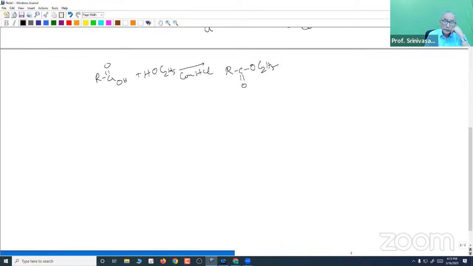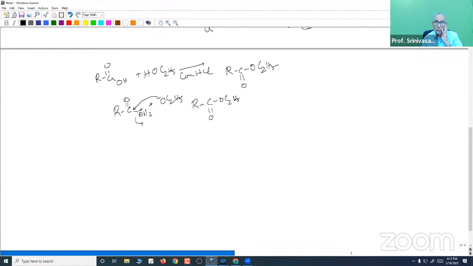This reaction takes place by first protonation. This is the ethyl ester of carboxylic acid.